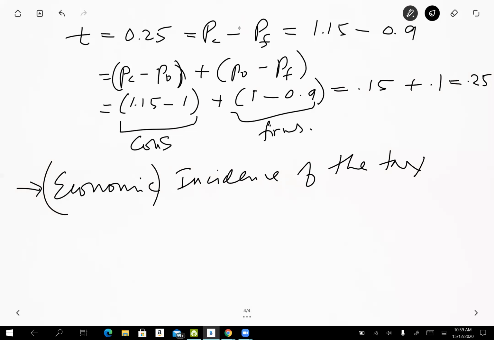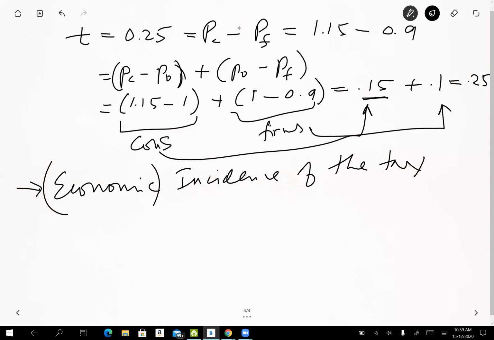So for the incidence of the tax, 15 cents will be the burden on the consumers, and 10 cents will be the burden, or the share of the tax, on the firms. So we end up paying a higher price, and firms end up getting a lower price.